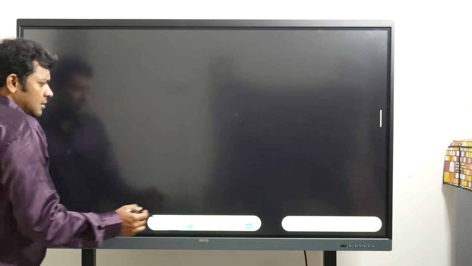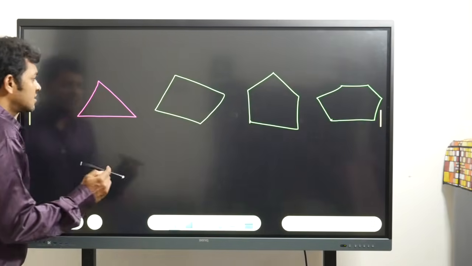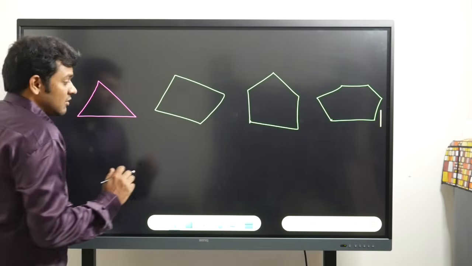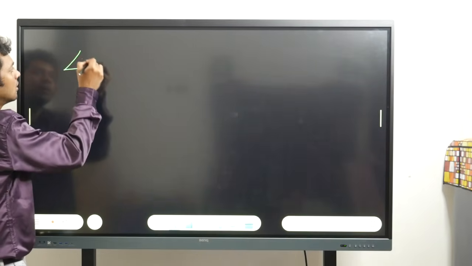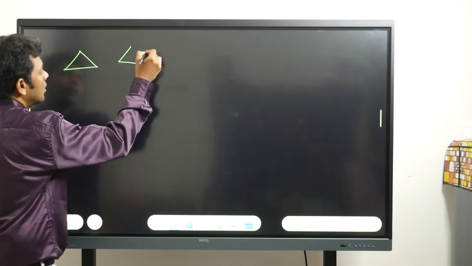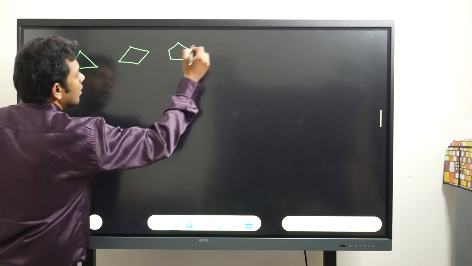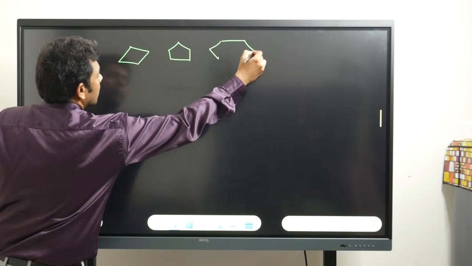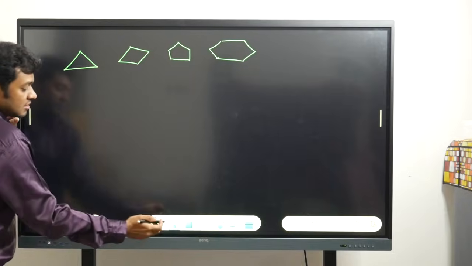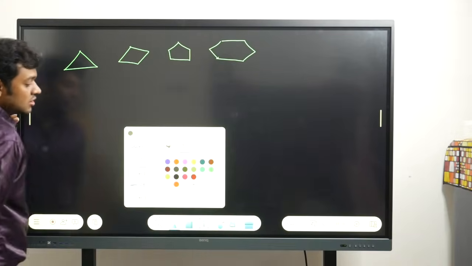Okay, let's come to this. Sum of the internal angles of a polygon. Let me go to the next page. So when I say triangle, quad, let's have this around. Okay, sum of the internal angles of a polygon.